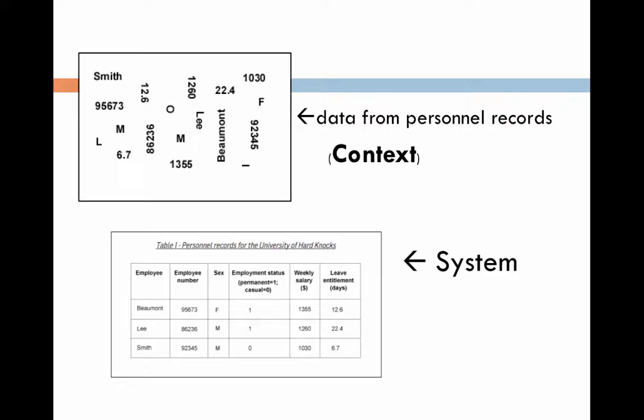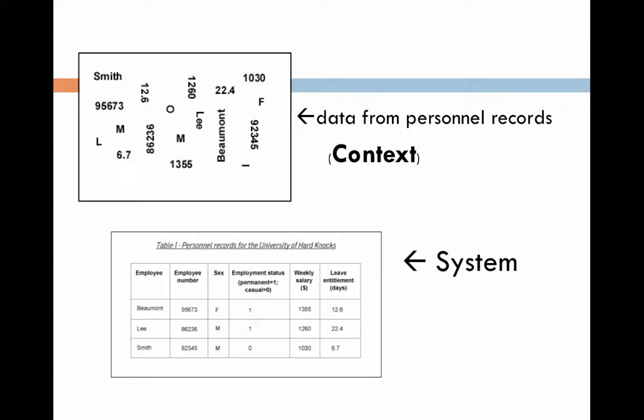We see that Beaumont, Lee, and Smith are the last names. The numbers were employee number. The letters were gender, employment status, salaries, and leave entitlement. Now, looking at this chart, you can probably begin to infer a few things about Beaumont, Lee, and Smith.